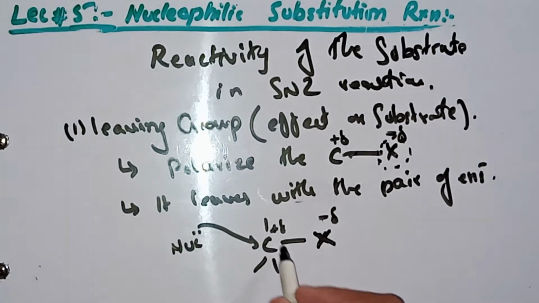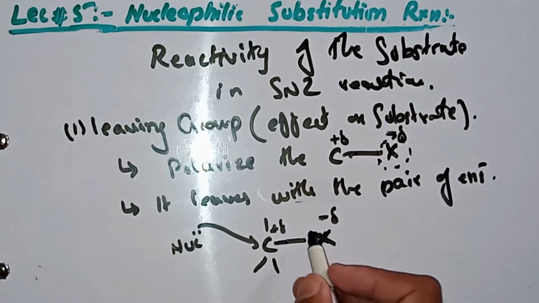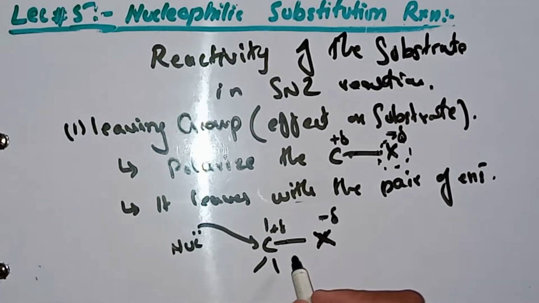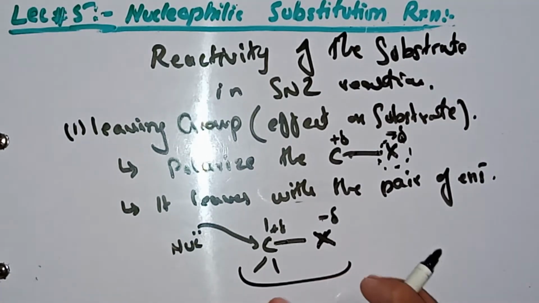But the carbon's covalency is already complete, as it has four bonds. So to bond with the nucleophile, the carbon must lose one electron pair. When the electron pair is lost easily, that is called a good substrate.